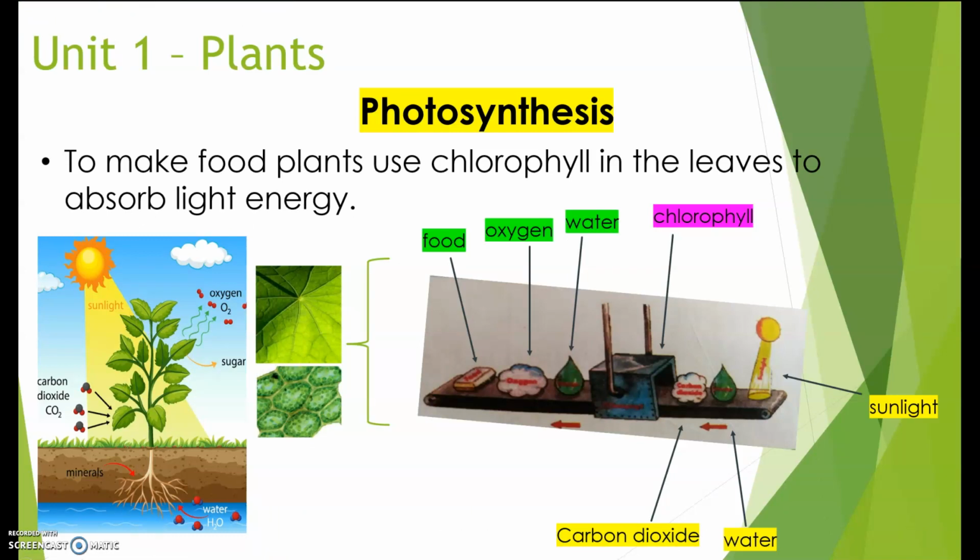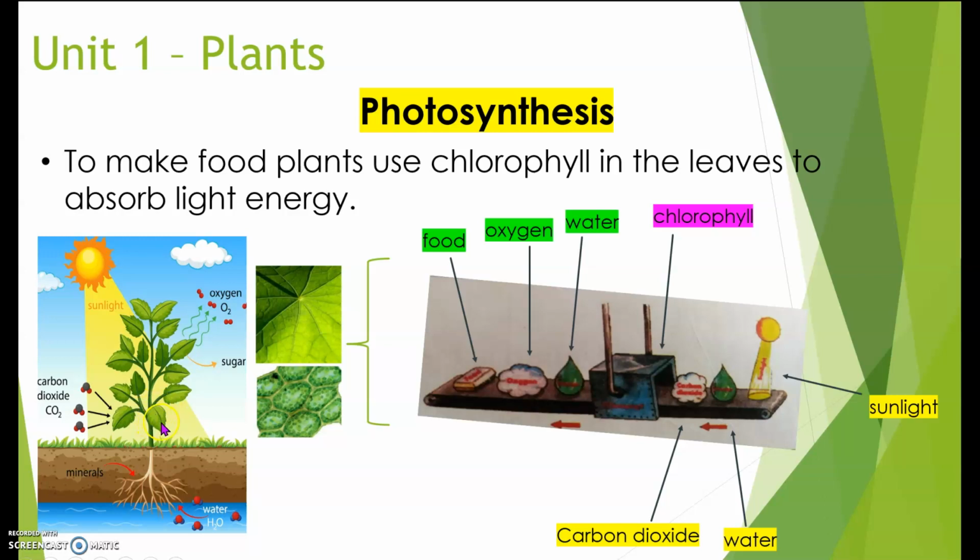Okay, repeat after me. To make food, plants use chlorophyll in the leaves to absorb light energy. Very good. So we already know that photosynthesis takes place in the leaves of the plant.